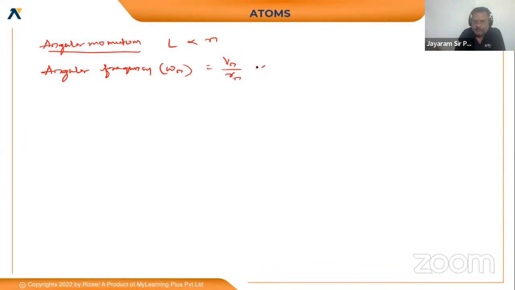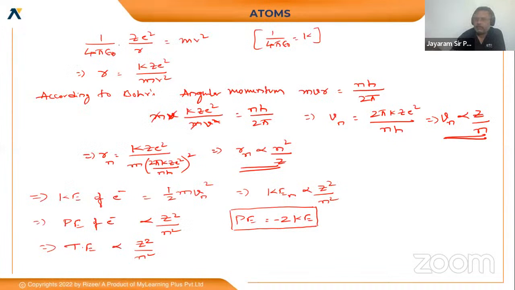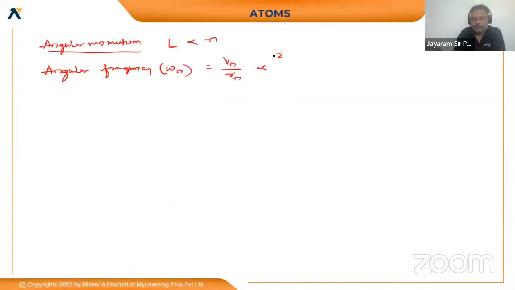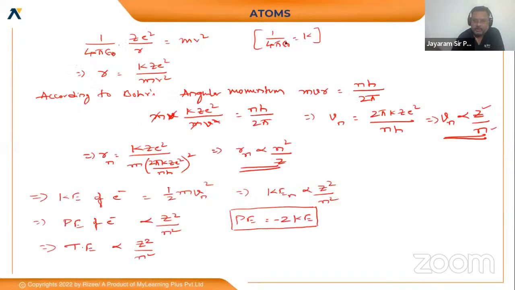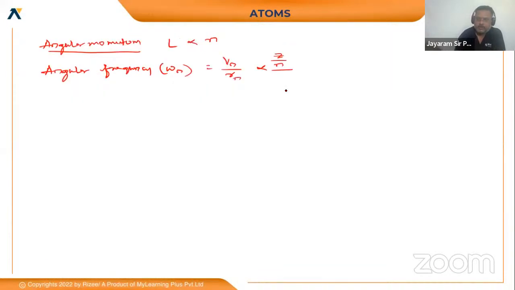So this is proportional to which relation? Here, velocity is proportional to Z and inversely proportional to n, so proportional to Z by n, and radius is directly proportional to n square by Z. So omega is proportional to Z square by n cube.